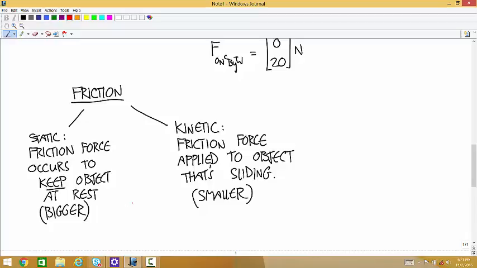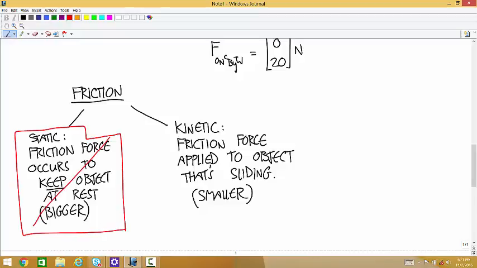And just for the sake of time, we're not going to do any calculations with this. The calculations are pretty similar to the kinetic friction problems, but these are the ones that we're going to do.